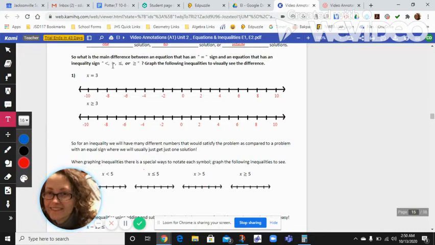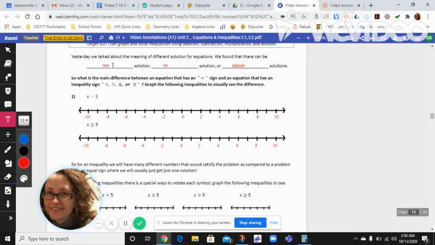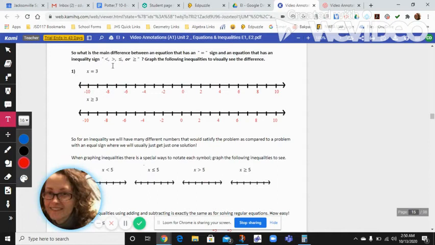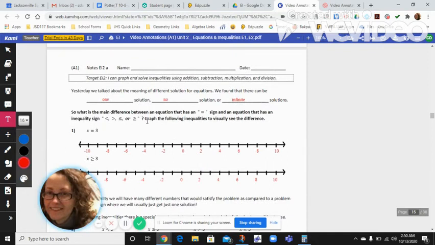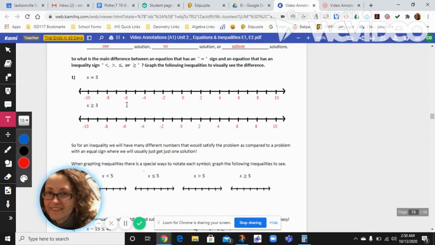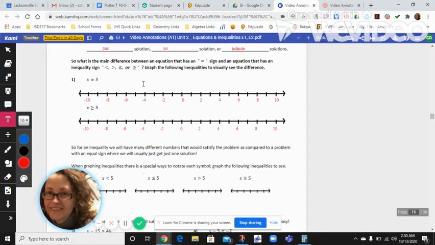When I'm looking at inequalities, though, I have similar options, but they're not necessarily going to look exactly the same as when I have the linear equations. For example, with linear equations I am able to have one solution, but that doesn't happen very often with inequalities, where I just have a single solution in my answer set.